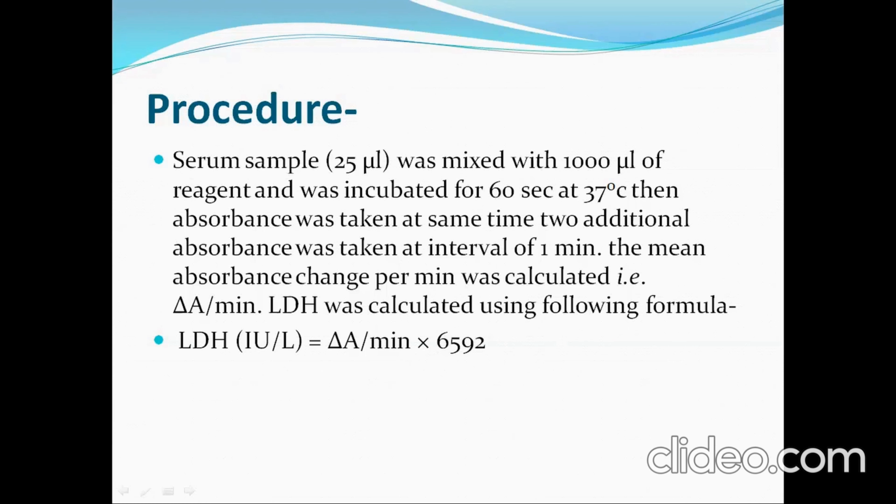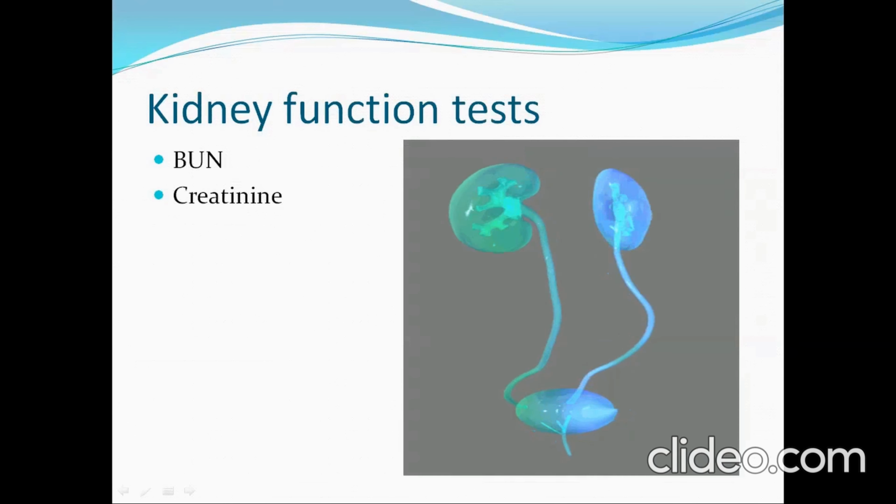The LDH was calculated using the formula, that is LDH international unit per liter is equal to delta absorbance per minute into 6592. Even for LDH, as the kit is changed, this correction factor is also going to be changed.